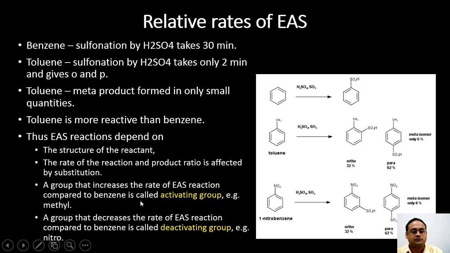Whereas other groups which decrease the rate of the electrophilic aromatic substitution compared to benzene are known as deactivating groups. Example being a nitro group. So we find that nitrobenzene under sulfonation condition, although it gives us ortho and para products, this reaction is very slow compared to toluene and benzene.